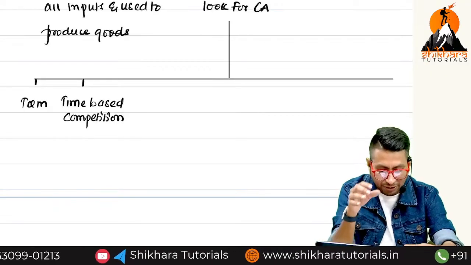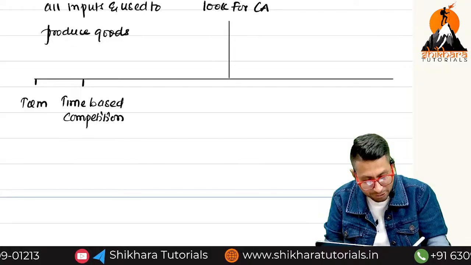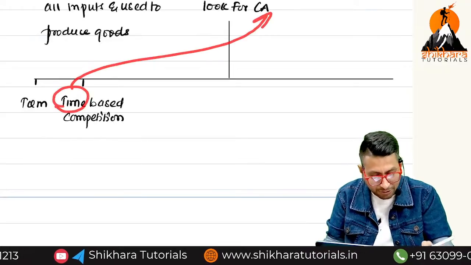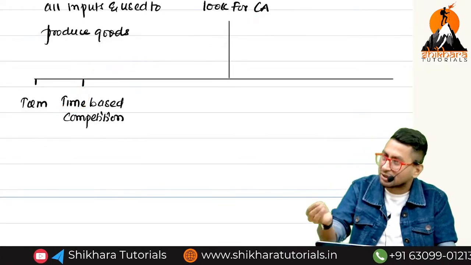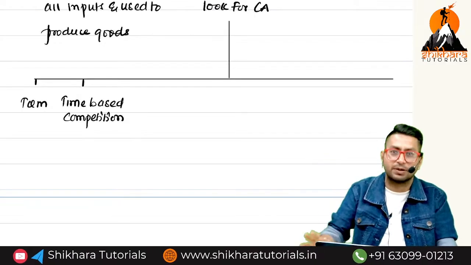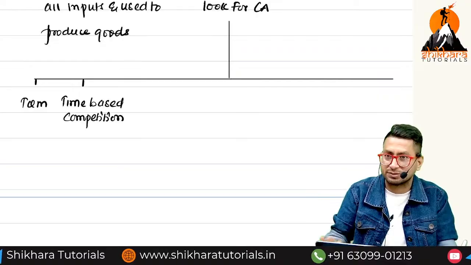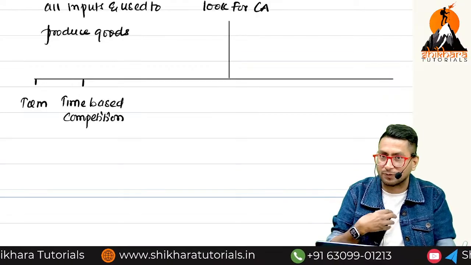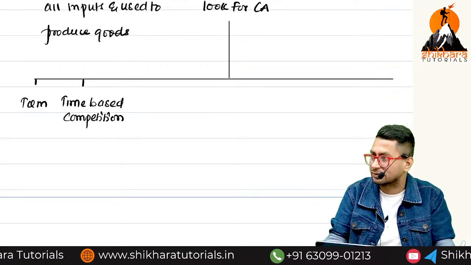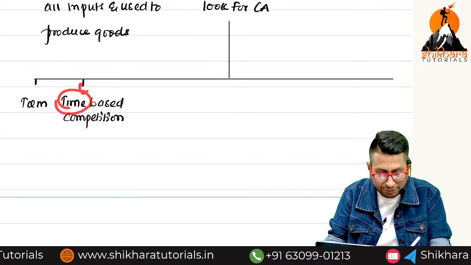In the same way, time also I can use as a competitive advantage. I can create my time also as an advantage. See, if any company is doing something before others, if I am able to solve a customer problem before someone else, then can I get an advantage? Yes.